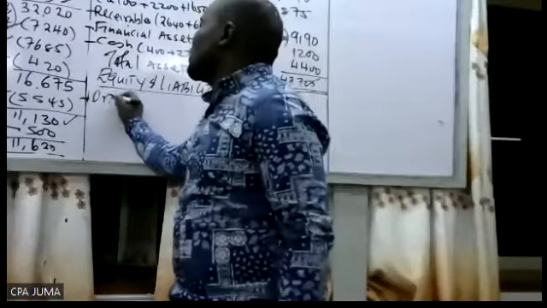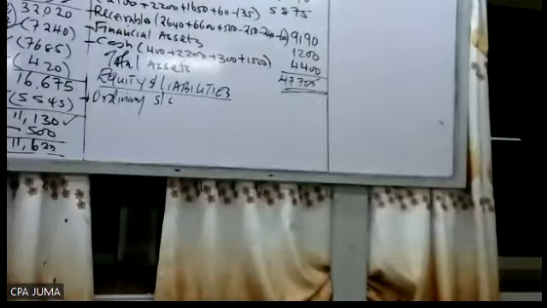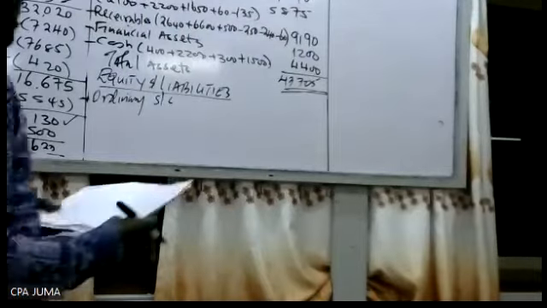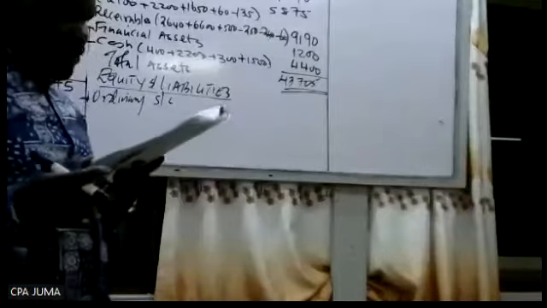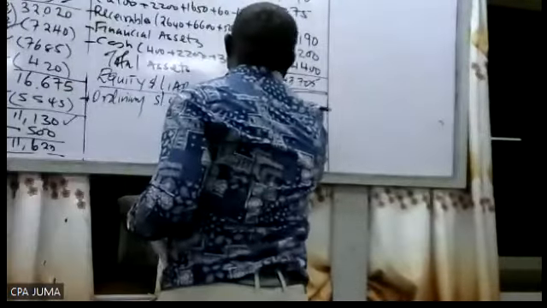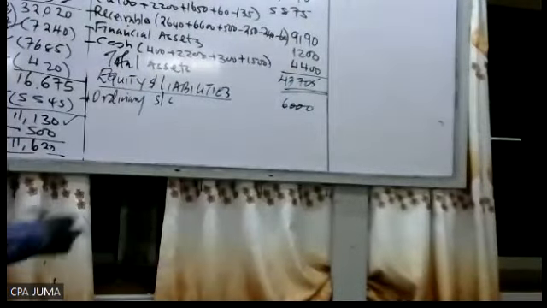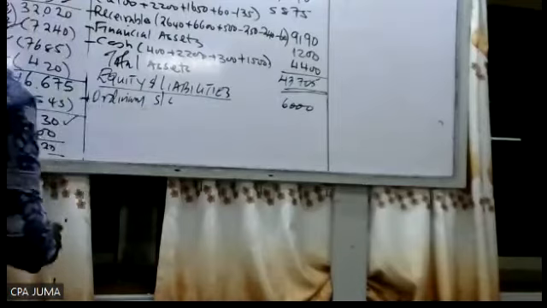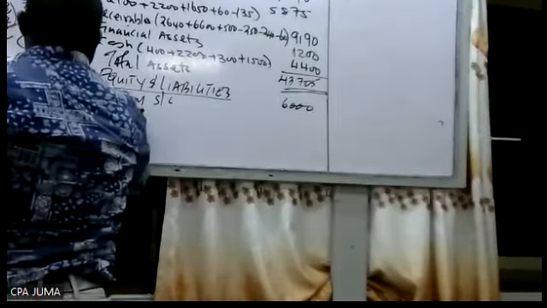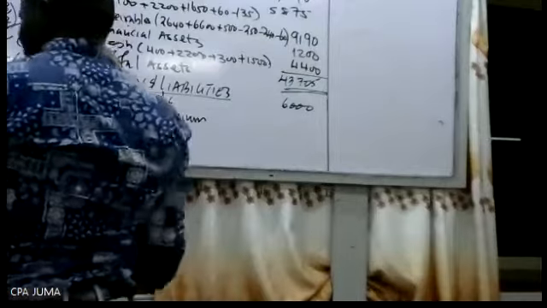Ordinary share capital. Parent only, eh? Copy. 6,000. Next, share premium.